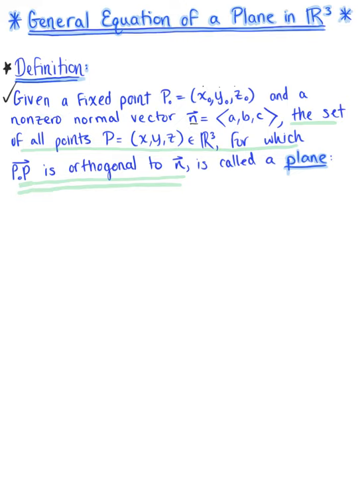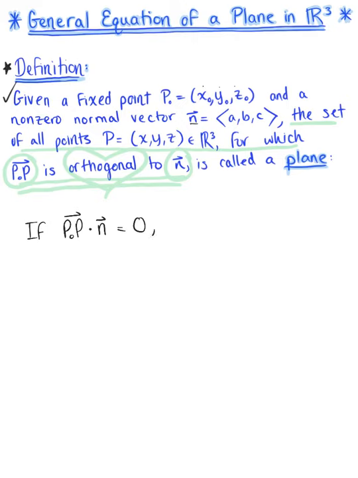So let's think back to our knowledge of vectors. If the vector P naught P and the vector n are orthogonal to each other, how could we define this using vector operations? The dot product. We can say that if the vector P naught P is normal to vector n, then their dot product is equal to 0.